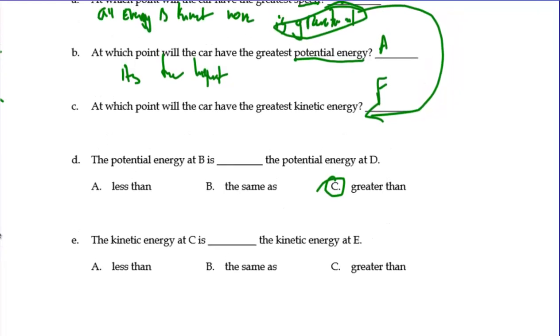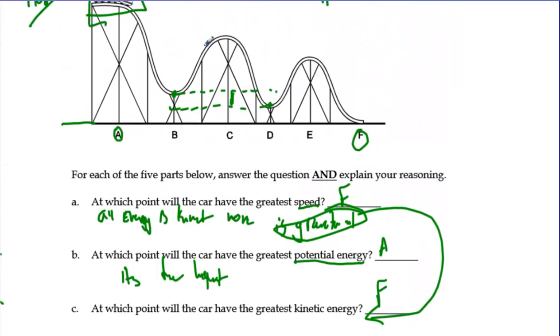Now we're supposed to compare the kinetic energy at C and E. C is here, E is here. Okay, so C has more potential energy because it's higher. E has less potential energy because it is lower, but we're supposed to be looking at kinetic energy. However, if the potential energy is less, that means the kinetic energy is more because the total energy stayed the same.